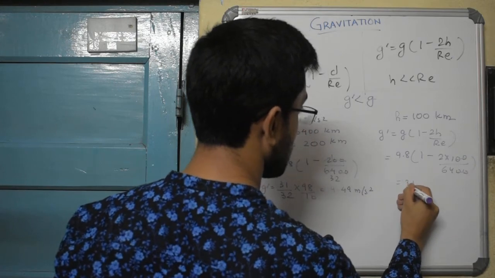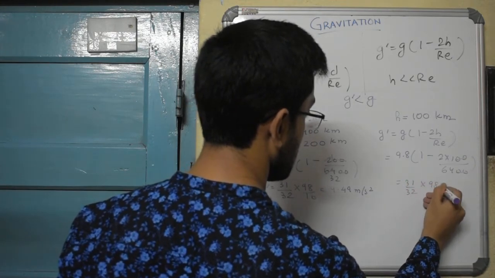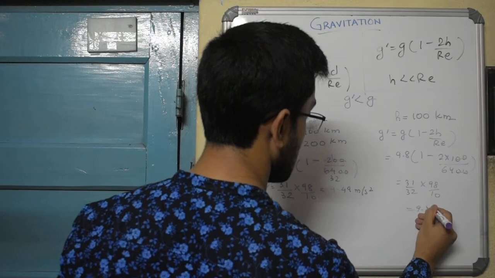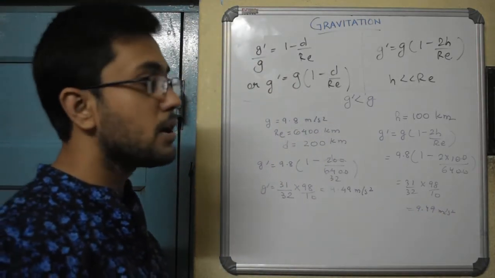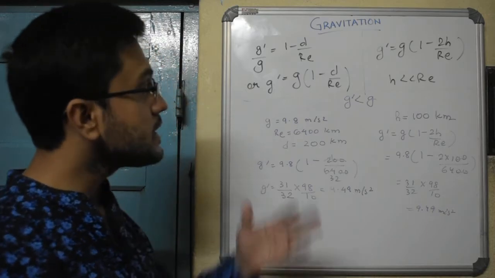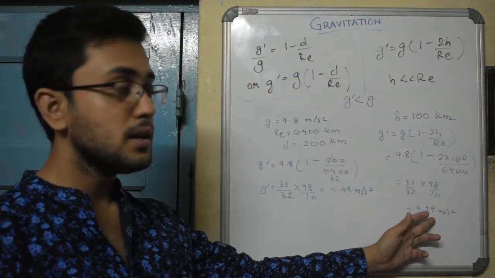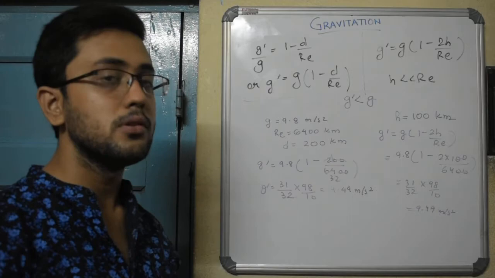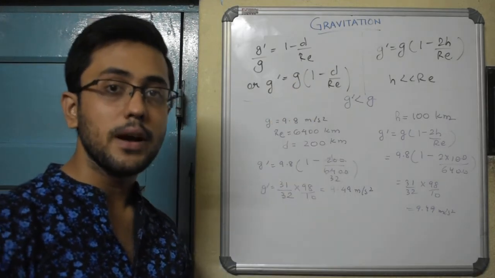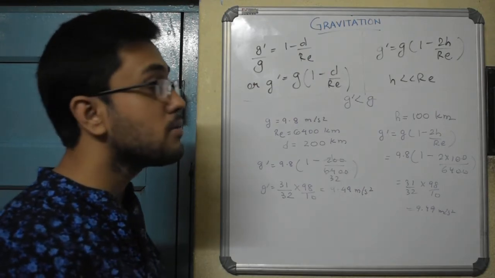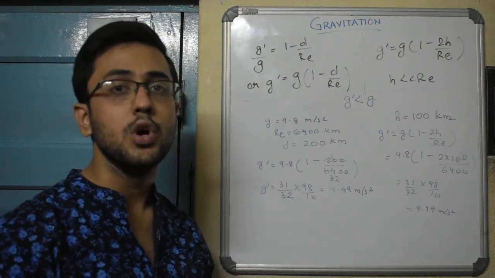That is again 31 by 32 into 98 by 10, which is 9.49 meters per second square. So you see, moving up a distance of 100 kilometers leads to the same decrease in the value of g as moving down a depth of 200 kilometers does. So when you move up, the value of acceleration due to gravity decreases more rapidly as compared to when you move down.